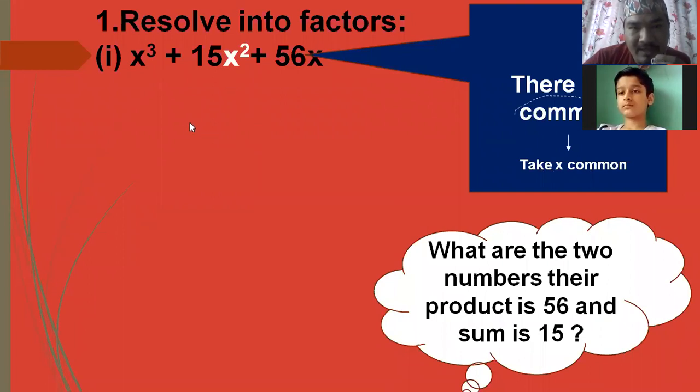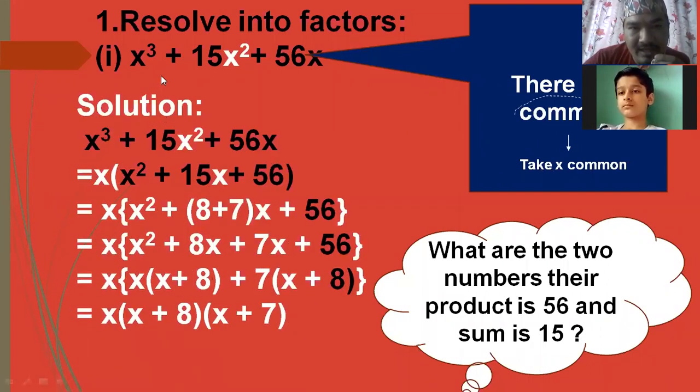After taking common x, what will be remaining in the bracket? x square plus 15x plus 56. Then the x is outside, and for the other factor we break the middle term.